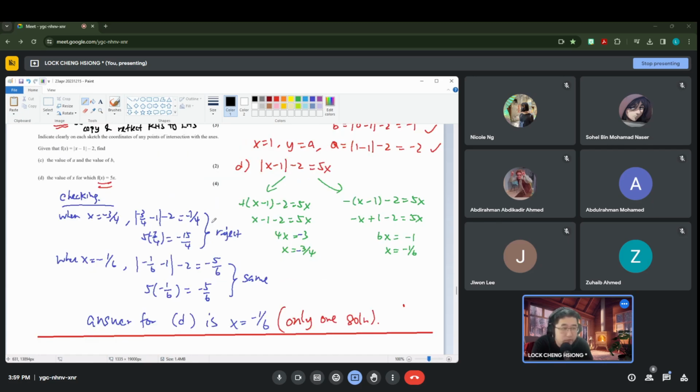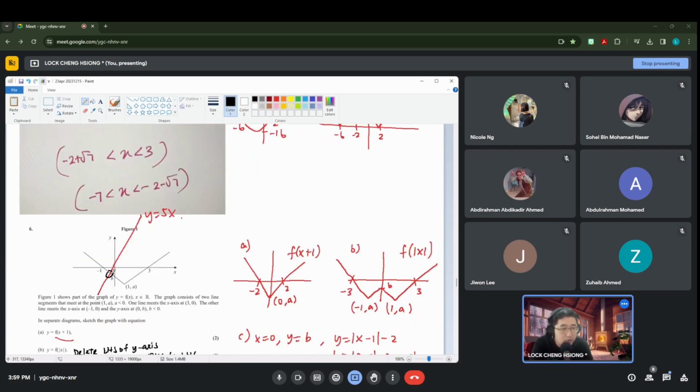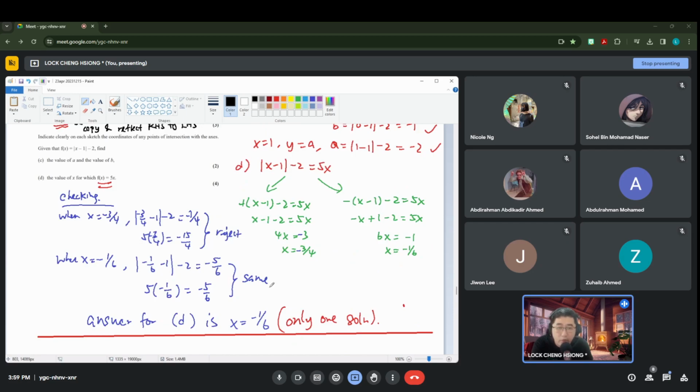Consistent. The answer is on the negative side, negative 1 over 6. Therefore, whether students can do graph or not also becomes a determining factor for P3, whether students can actually score for the questions or not.